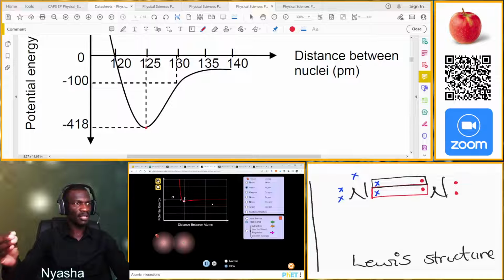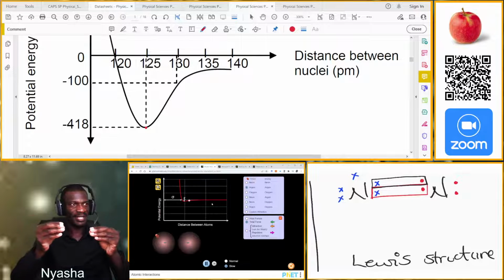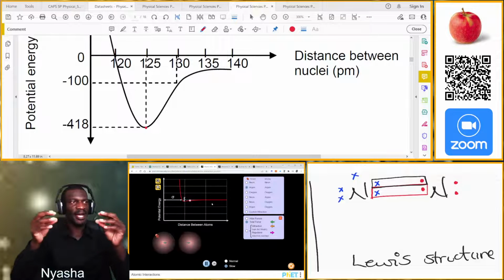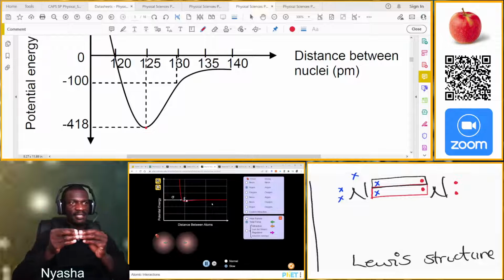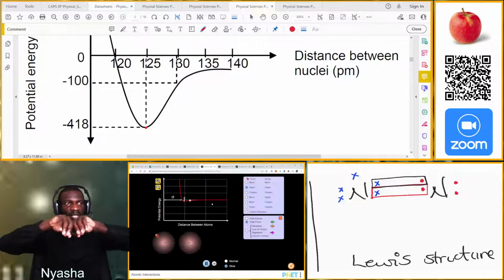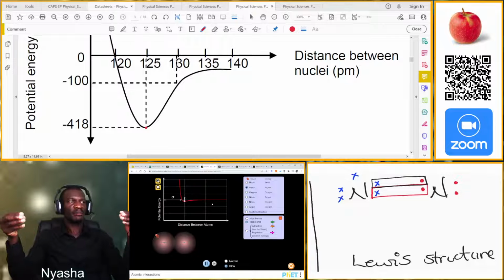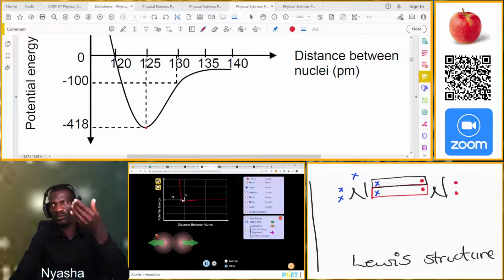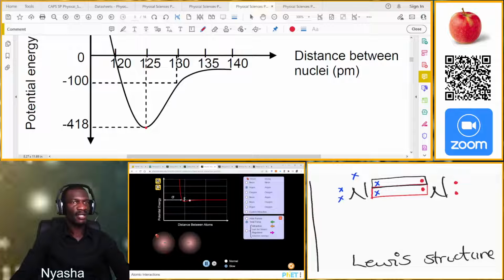Right, so as we bring them closer, there is a point at which we can determine that the attraction is now equating to the repulsion. The moment the attraction turns to repulsion, that is where our bond length is, and it is at this knee of the graph. That is why our value for the previous question was taken there.